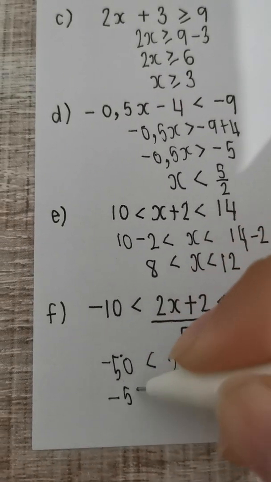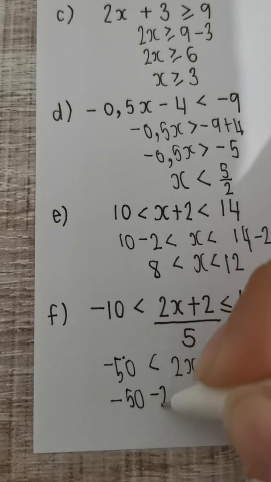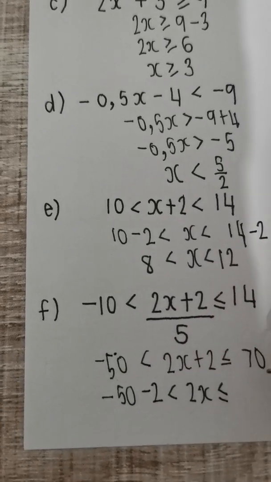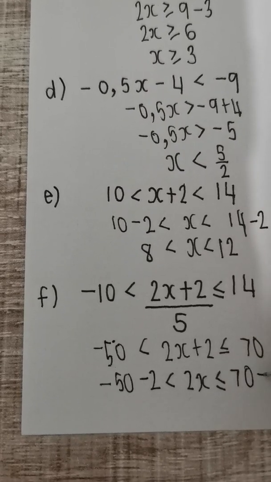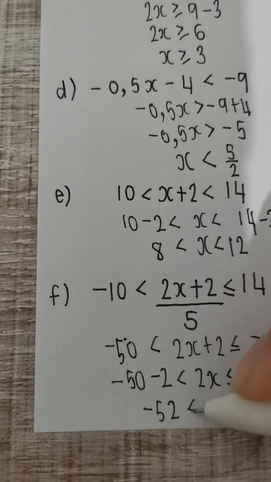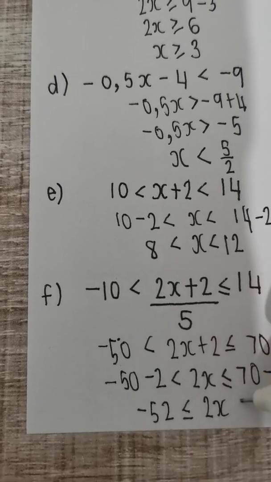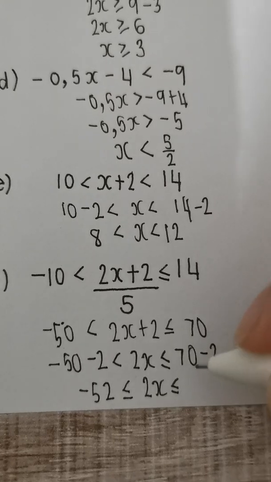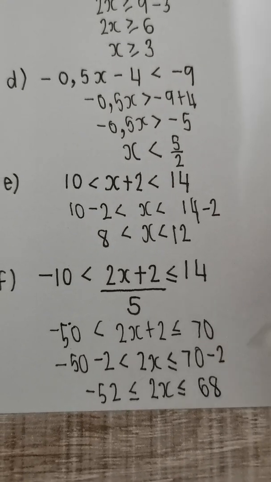So negative 50 minus 2 and 70 minus 2. Negative 50 minus 2 is negative 52. 70 minus 2 is, what's this, 68.